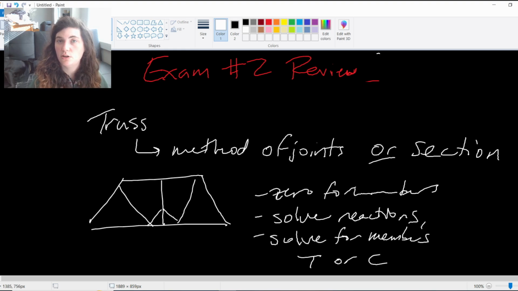So those are the major things that I'll be looking for in a truss. But again, method of joints or sections, totally up to you.